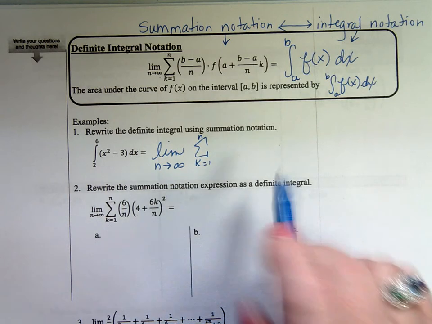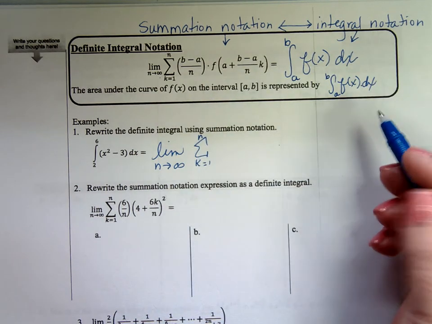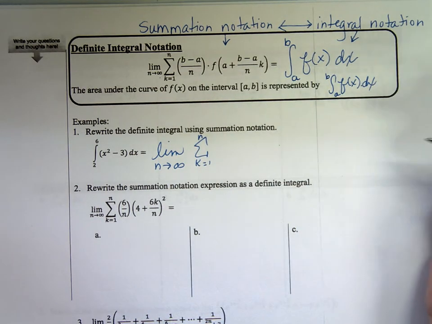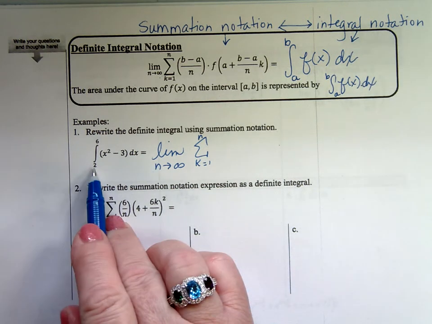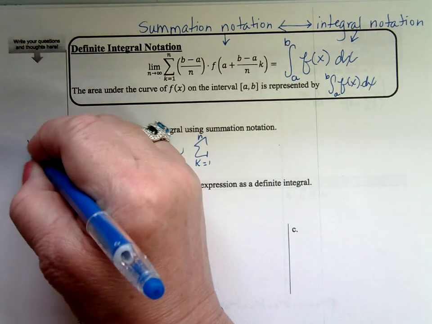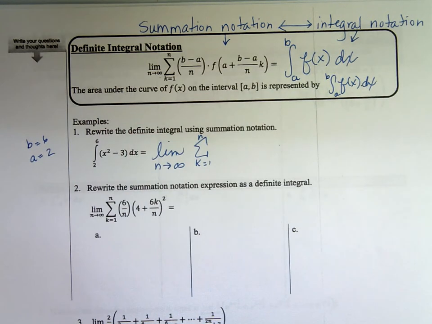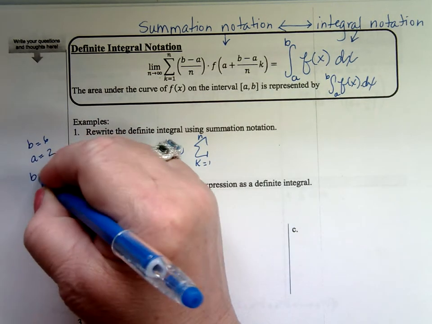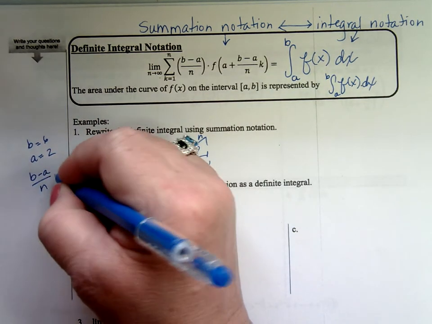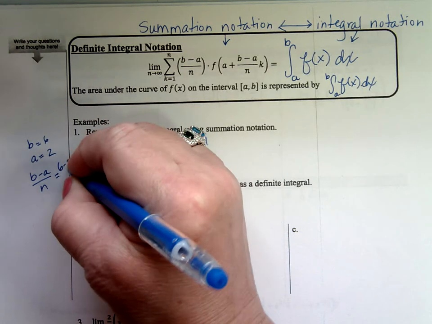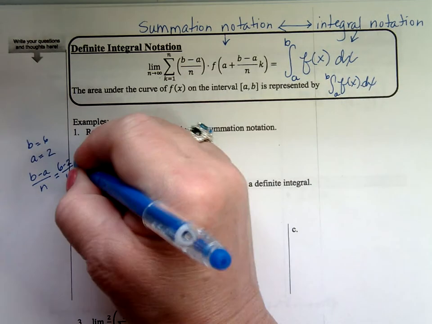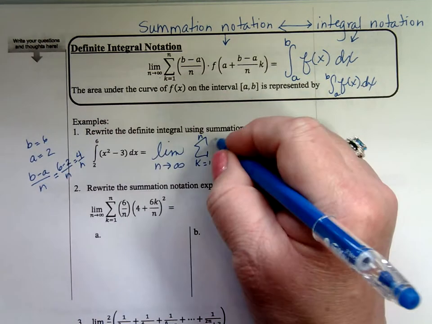Well, b minus a over n means, here are my a's and b's. B equals 6, a equals 2. So if I take my b minus a over n, for this one, it's going to be 6 minus 2 over n, which is 4 over n. That's what comes next, 4 over n.